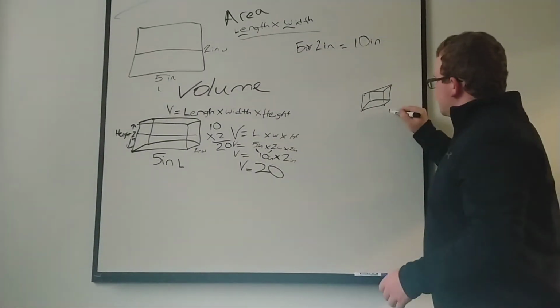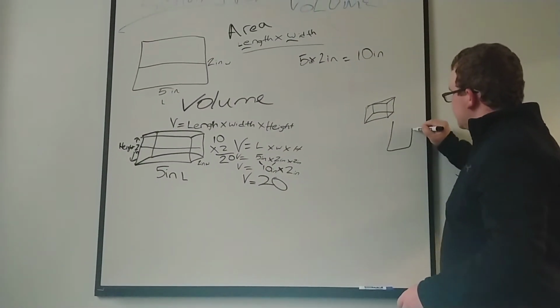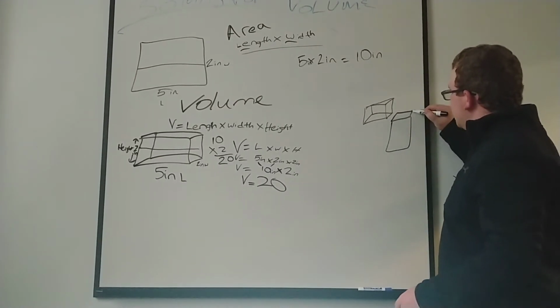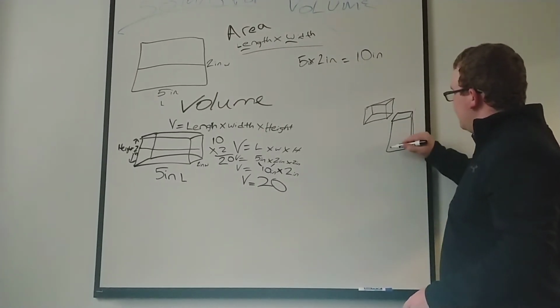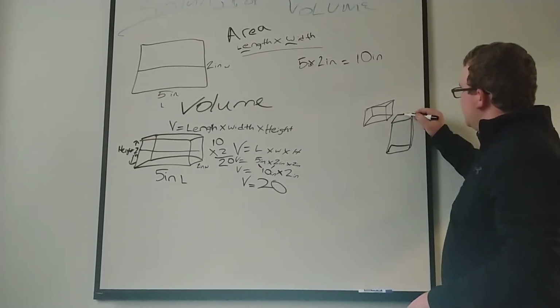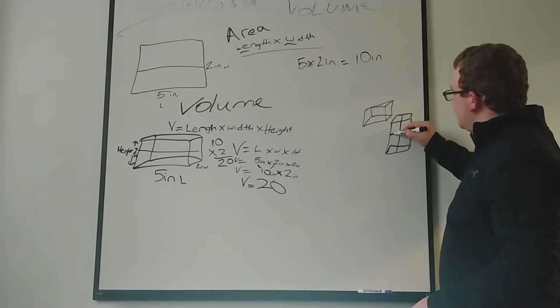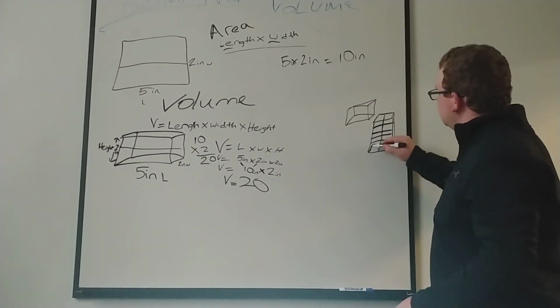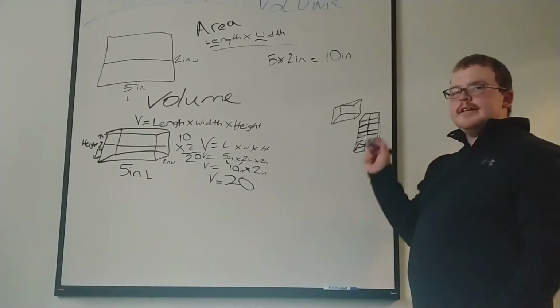So we're going to have a giant structure like this, and it's going to look really cool, and we're going to make sure we can multiply between it. So we're going to have a bunch of different cubes stacked up on each other.